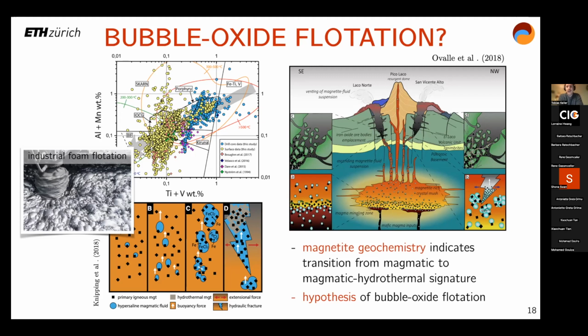And so they thought, well, if we have magmatic magnetite crystals first, they need to be harvested in some way and be brought to the surface. And so that's how they came up with this hypothesis of magmatic volatile fluid bubbles attaching themselves to oxide minerals and bringing them up. So the question is, does this actually work mechanically?